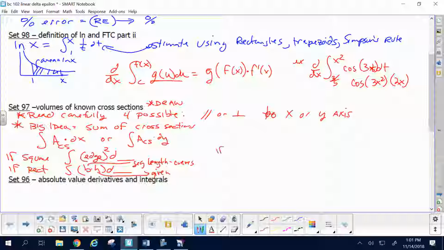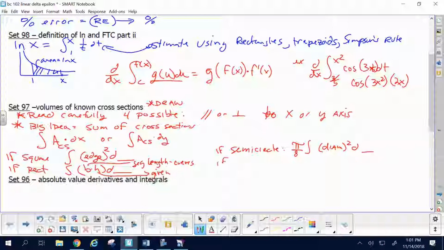If it's a semicircle, then what's the process? Pi over 8 of the diameter squared, d whatever. Okay.